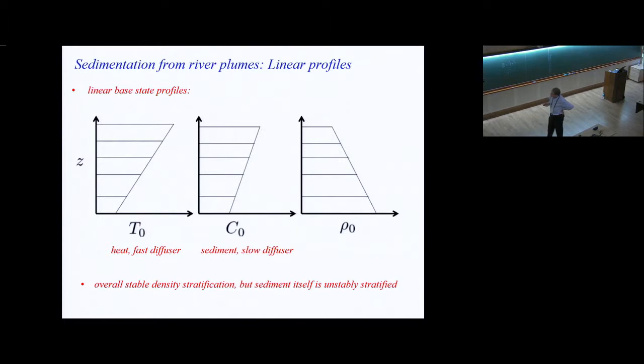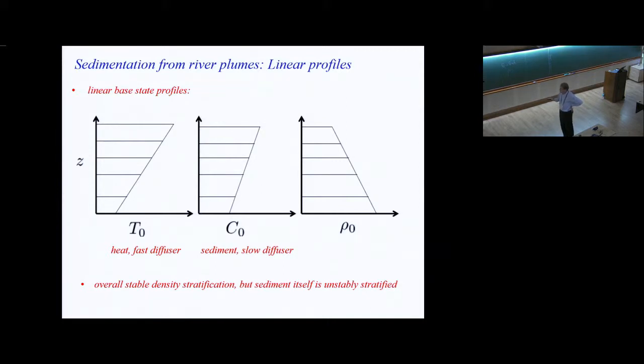In this case, we start with linear base state profiles rather than sharp interfacial profiles. And so we have, again, now I call it temperature, before it was salinity. So we have a stable temperature stratification that is linear, an unstable sediment concentration that is linear, and together that gives us a stable density profile.